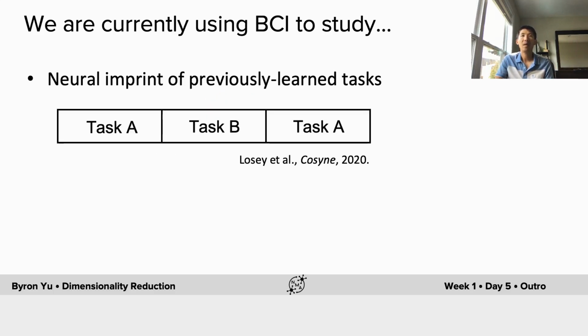Furthermore, we've studied this question of whether learning influences how we perform familiar tasks. Okay, so the animal did mapping A, mapping B, and mapping A again.